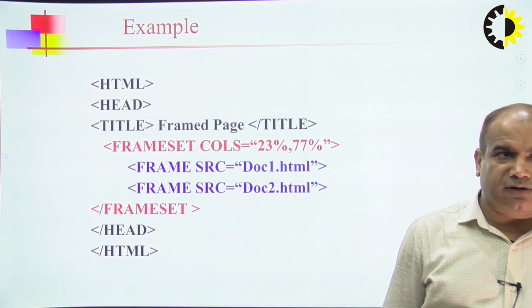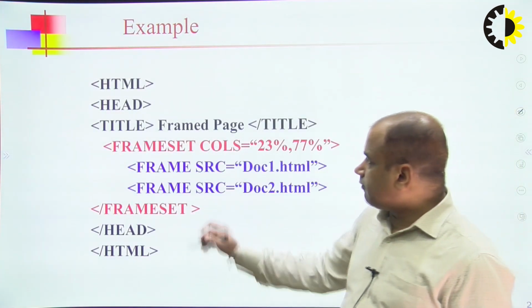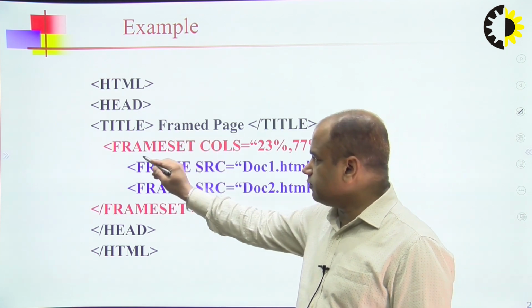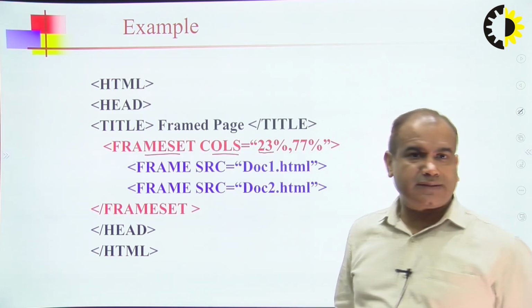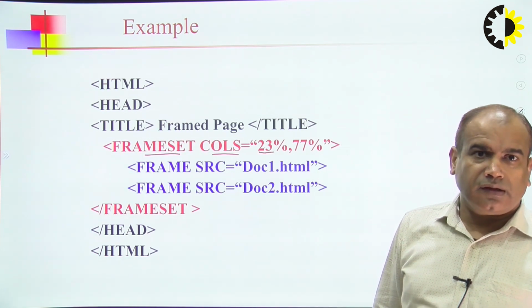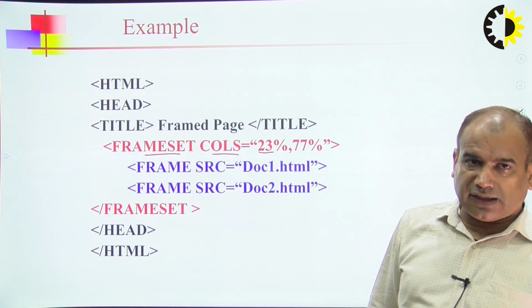So that is the example of a frameset. First head, title, then you write frameset cols. We divide either in pixels, in percentage, or by value.